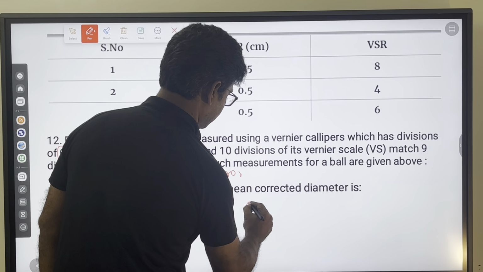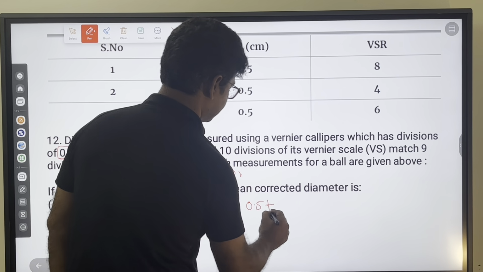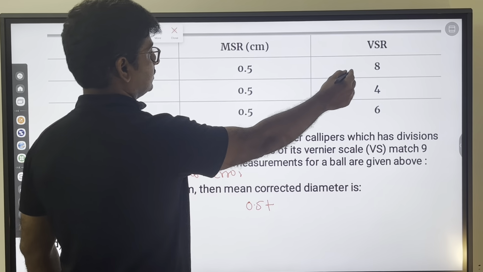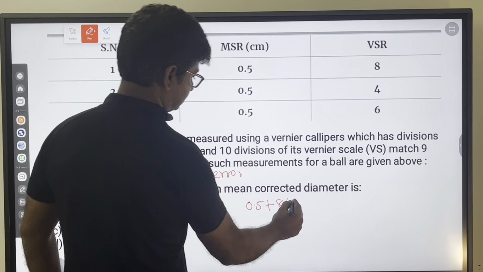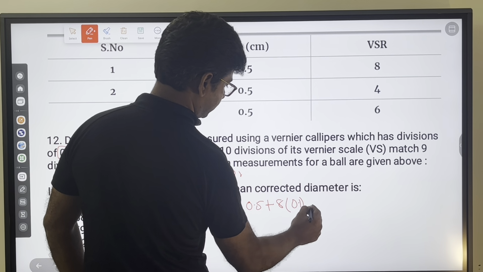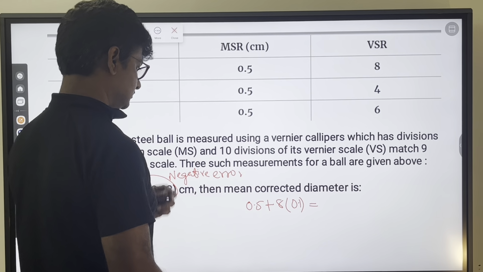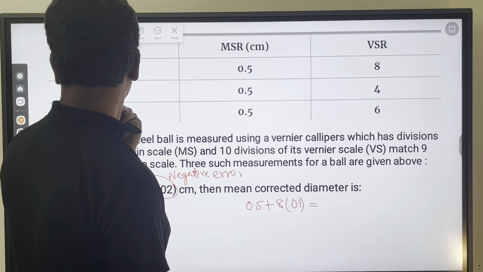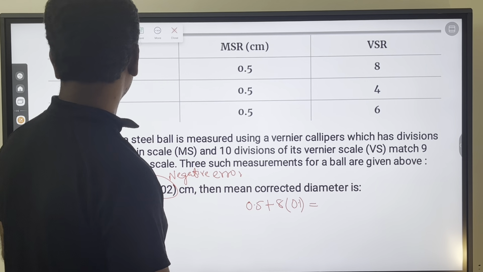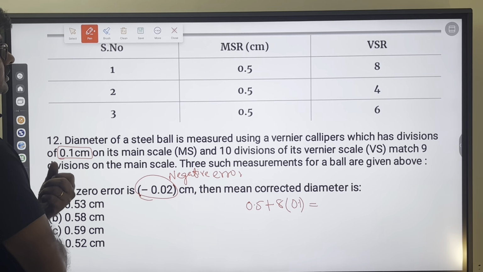So 0.5 plus vernier scale reading into least count.